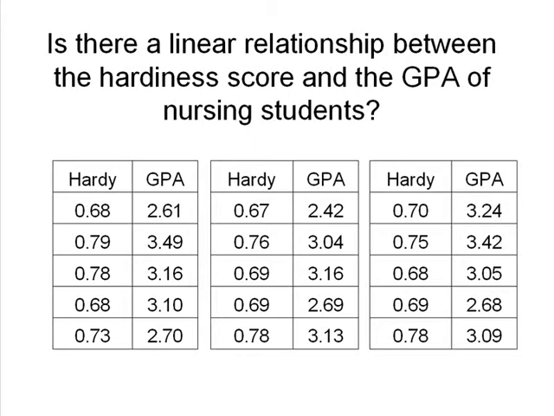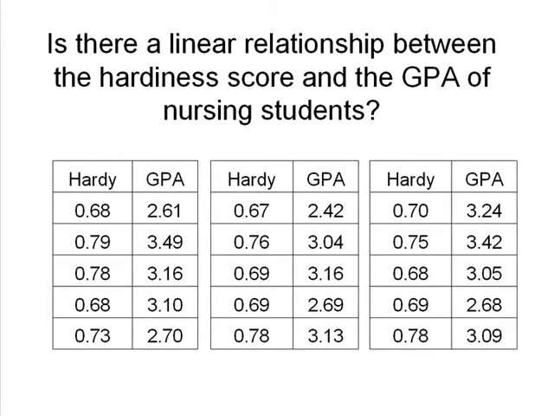And they're using it to predict how well students will do. Now, they might ask themselves, is there a linear relationship between the hardiness score and the GPA of the nursing students after the nursing students' first year of school? So imagine that we're going to use our regression techniques and our statistical ability to answer this question.